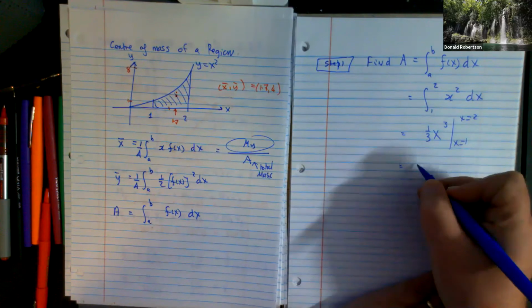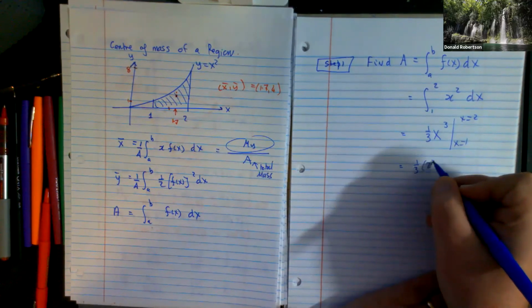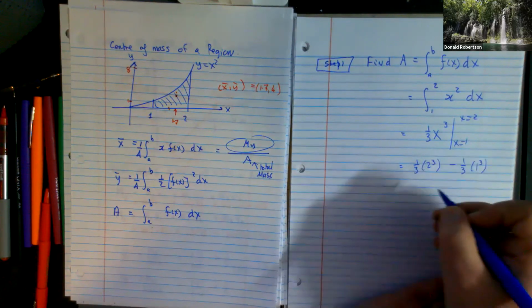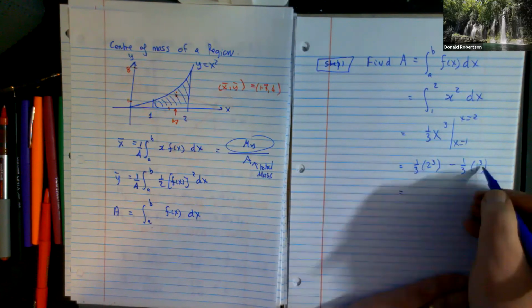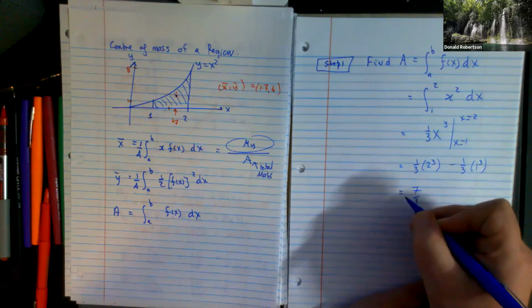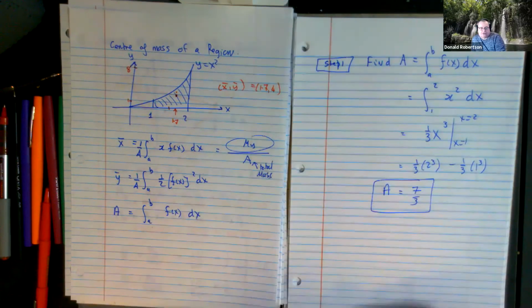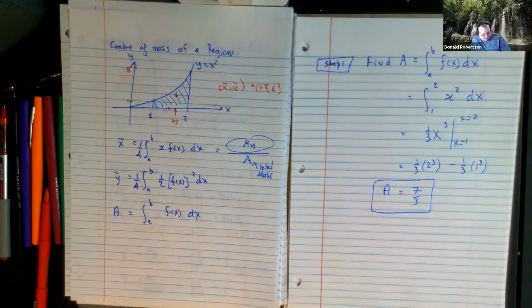I get 1/3 times 2 cubed, take away 1/3 times 1 cubed. And that's 8, take away 1. I get 7/3. So step one, find A.